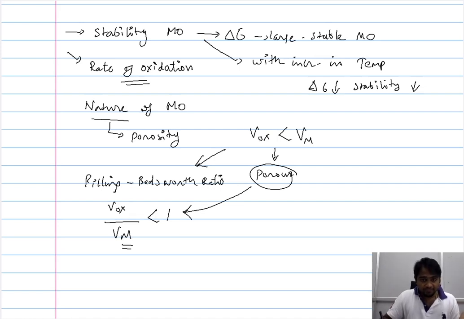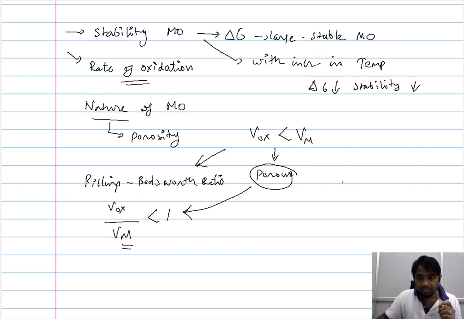Supposing this relation is reversed, meaning the amount of oxygen consumed is much greater than the amount of metal consumed, then in those cases you would have a non-porous metal oxide that is formed.